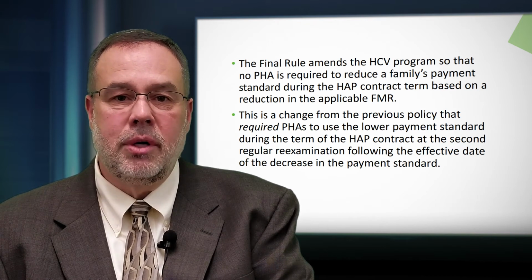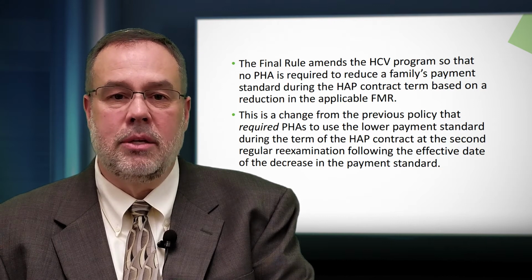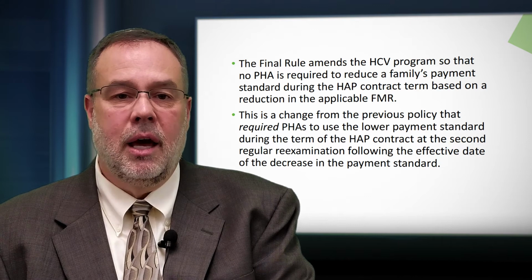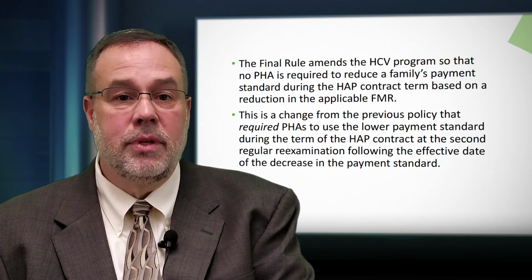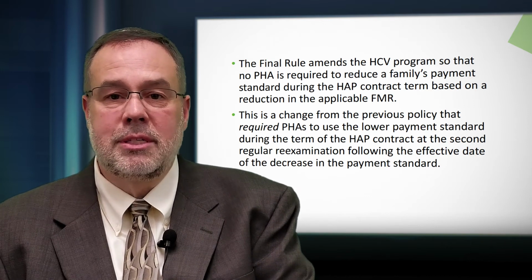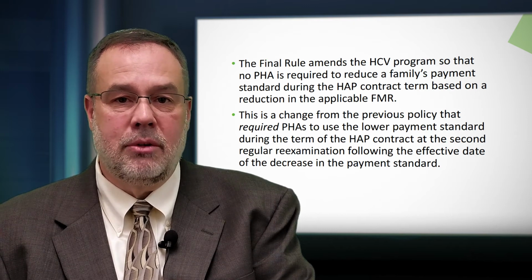It overturns the previous policy that required PHAs to use the lower payment standard to calculate a family's HAP beginning on the effective date of the family's second reexamination following the effective date of the decrease in payment standard. The final rule further expands the PHA's administrative discretion to any payment standard decrease, not just payment standard decreases that result from a decrease in the FMR.